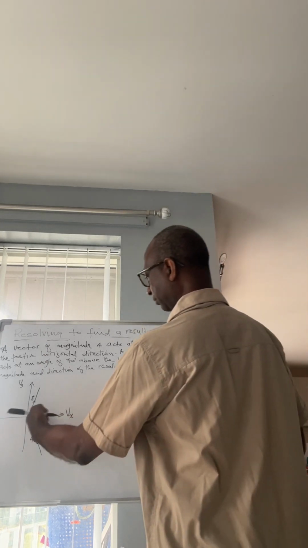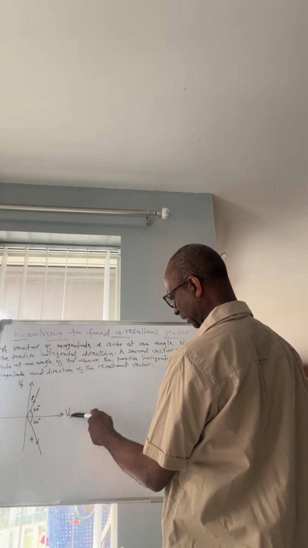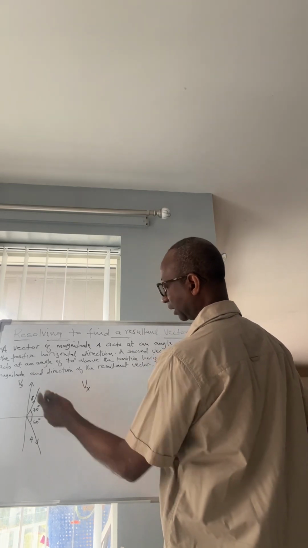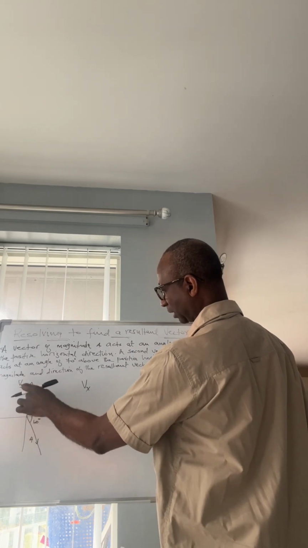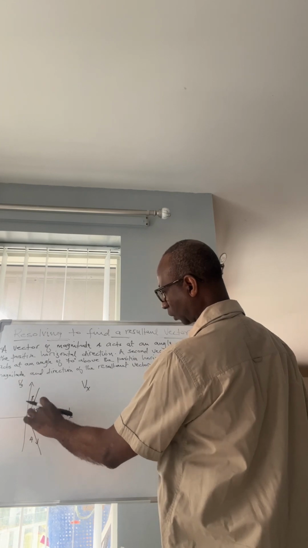So now let's start resolving. We resolve along the positive horizontal axis, which we have already said Vx. So Vx, now let's start with this one. If you are resolving this one along the horizontal axis, it's going to give you the cosine.